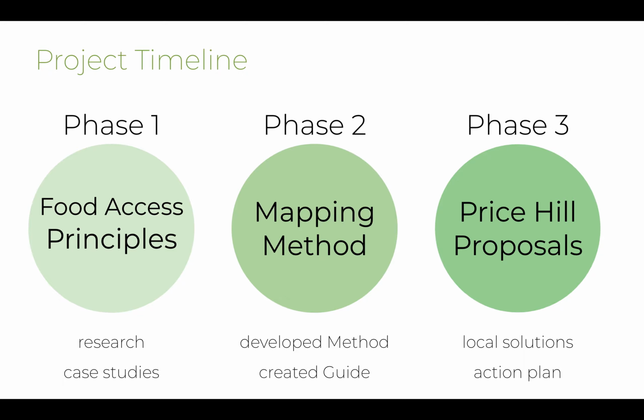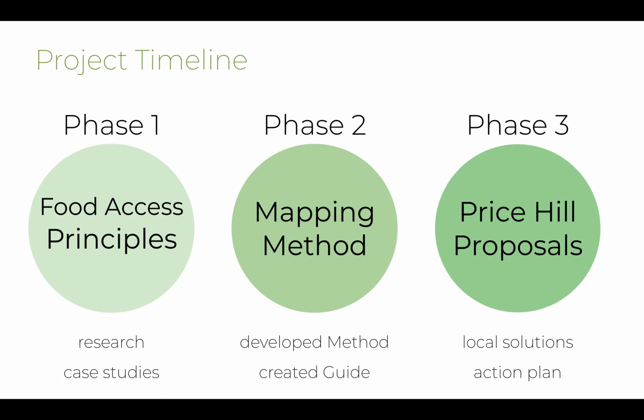We have developed a mapping method that I'm excited to share with you. The mapping method is part of a food access guide that communities can use to address food access and food insecurity in their neighborhood or larger community.